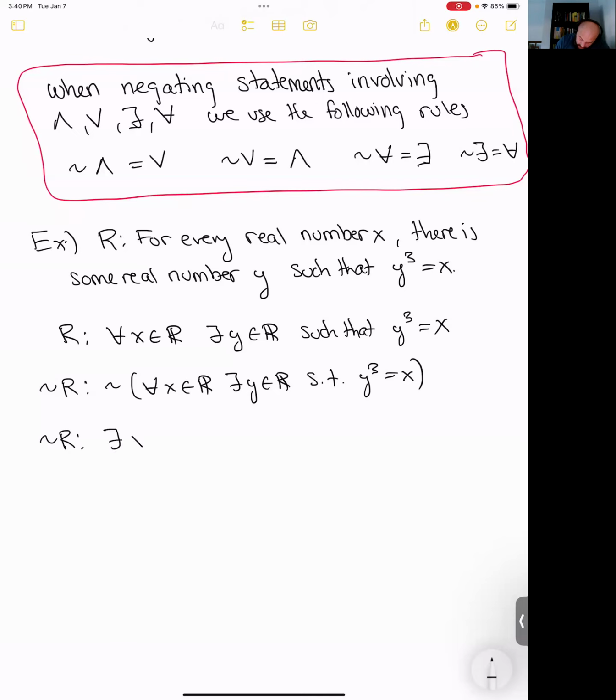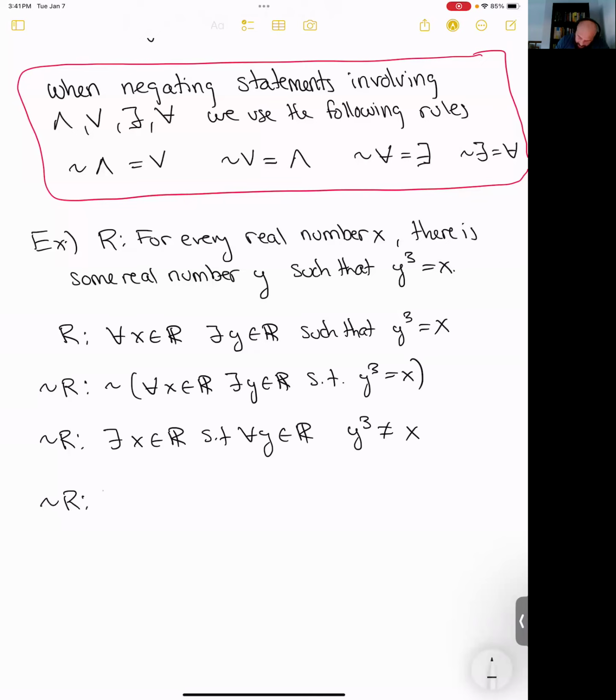So there exists an x in the real numbers. Not there exists means for all. Sorry, normally we put the such that in a different place. So such that for all y in the real numbers, and now we not the equals, so that becomes not equals.